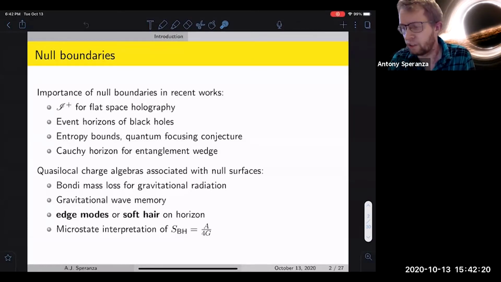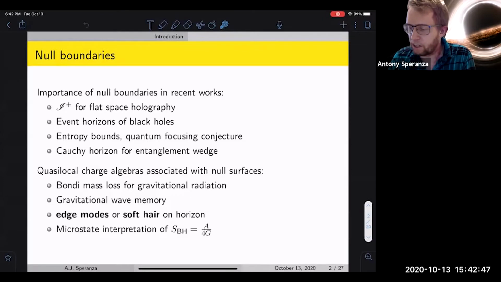And one of the things you can do is look at what I call quasi-local charge algebras that show up on these null surfaces. These are just charges that appear because you've introduced a boundary into your system. So things like understanding Bondi mass in asymptotically flat space and how that decreases due to gravitational radiation, things like gravitational wave memory.